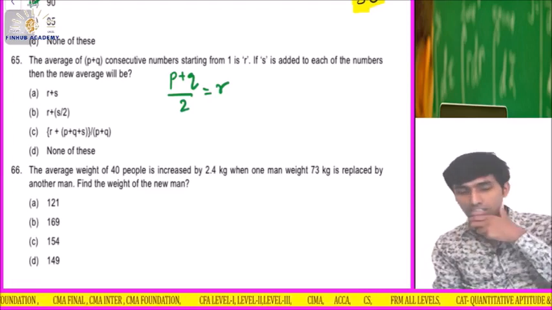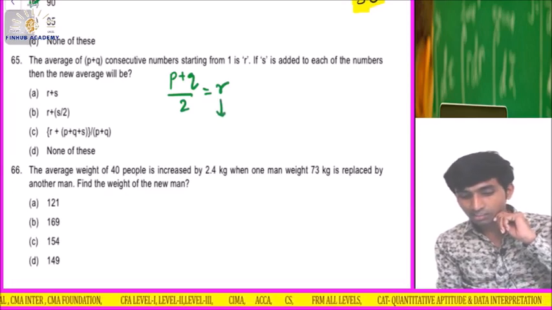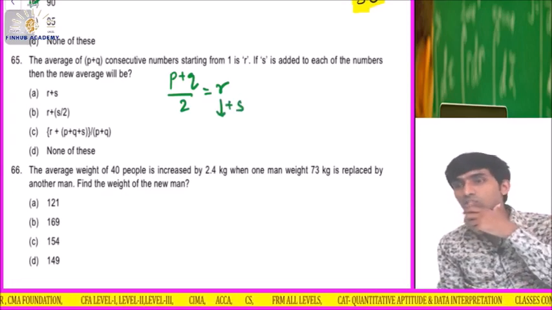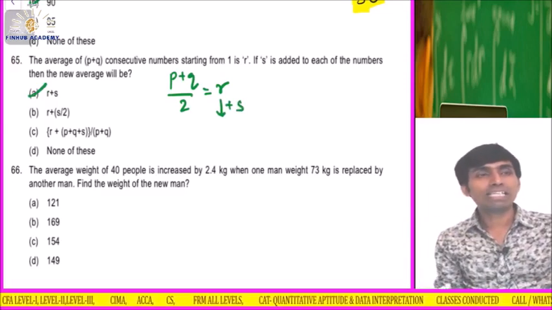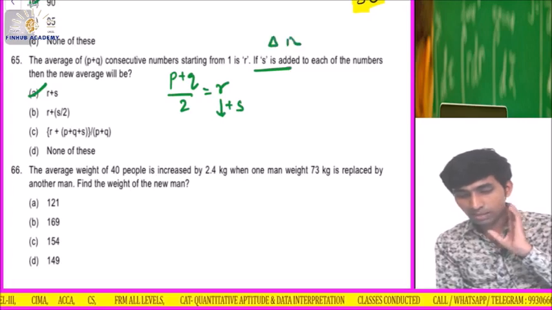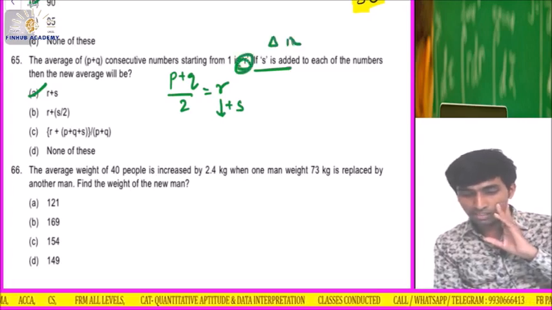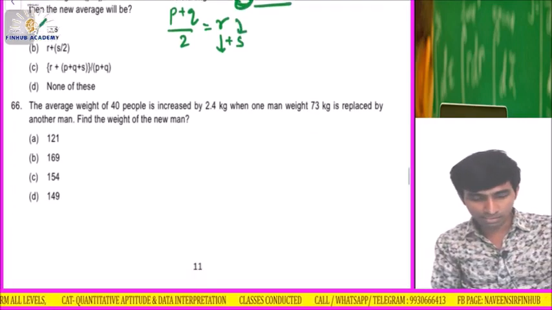It is called change in origin, correct? So this is the average, na? So I will have R plus S, yes or no? R plus S. So the average will also change by origin. Mean gets affected by change in origin. When I add S, it is what? Change in origin. And this is the mean. R is what? Mean. This is change in origin. So R also gets affected, R will change by S, R plus S.